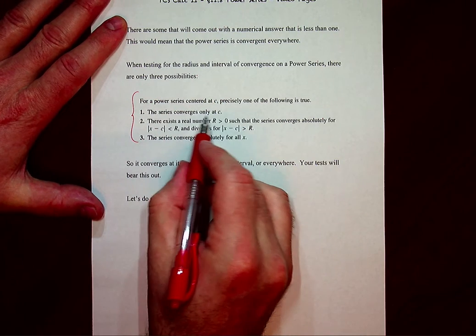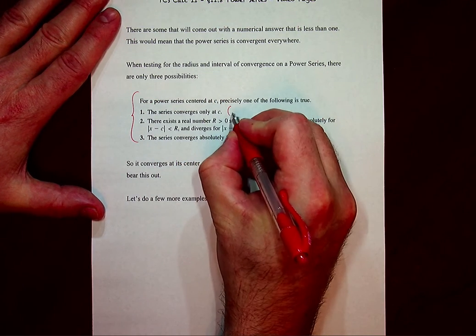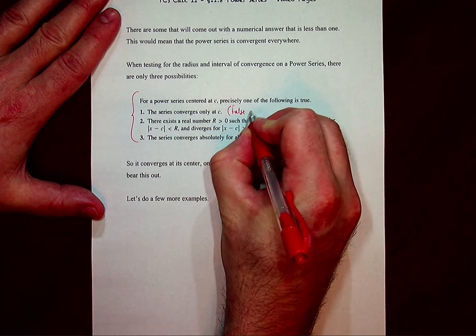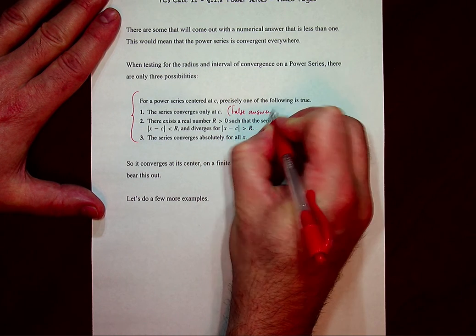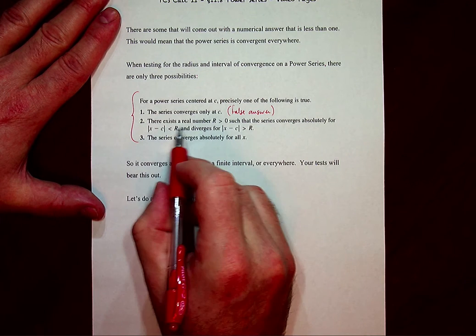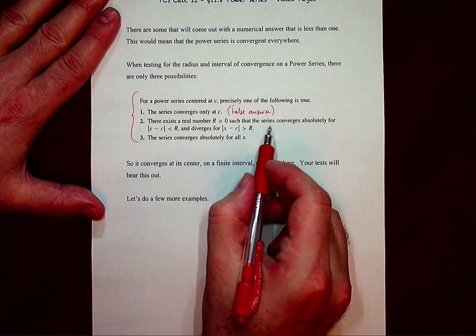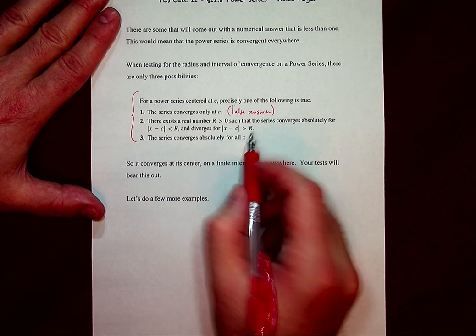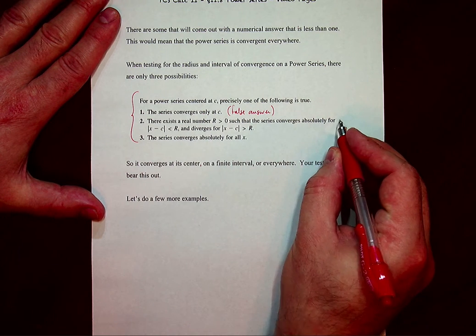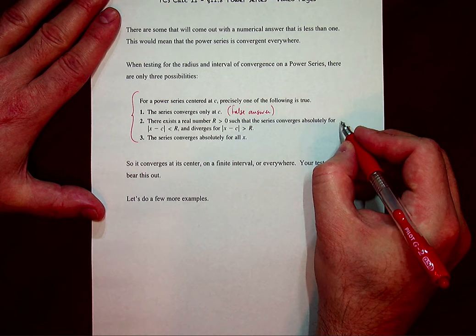Series converges only at c, and this, of course, is when you get a false answer from the limit. There exists a real number R such that the series converges absolutely and diverges, okay? That is basically when you find the interval, and here, this is when you get a true answer, something that is always true. The series converges absolutely for all x, negative infinity to infinity.